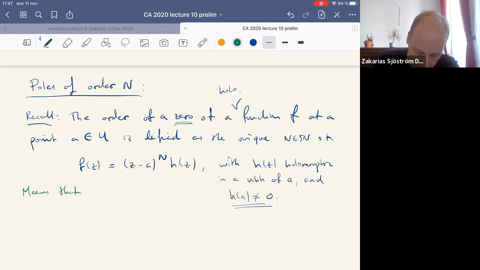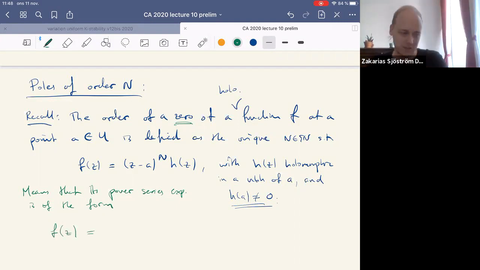So it means that its power series expansion, you can think about what it will look like. So it will be of the following form. See if anybody has the answer.